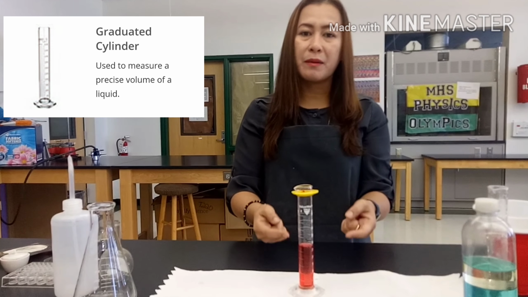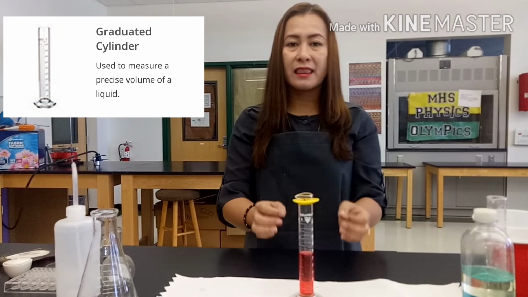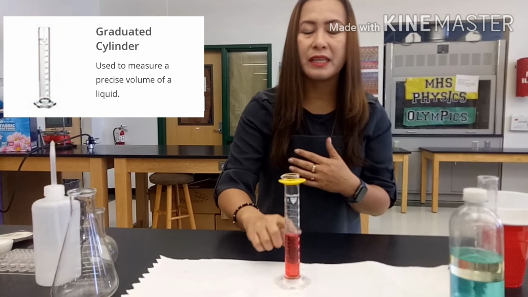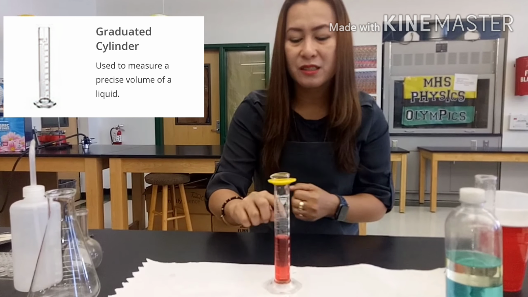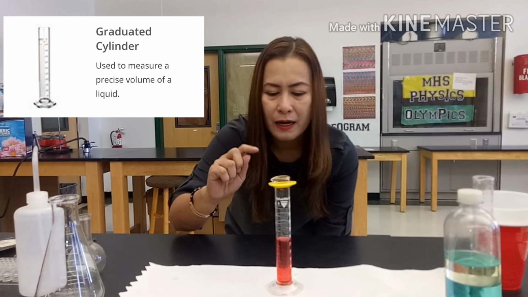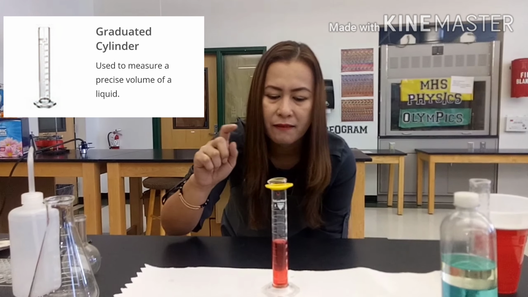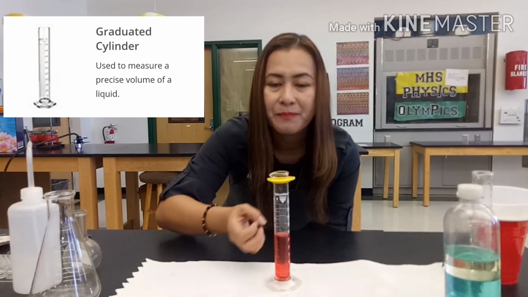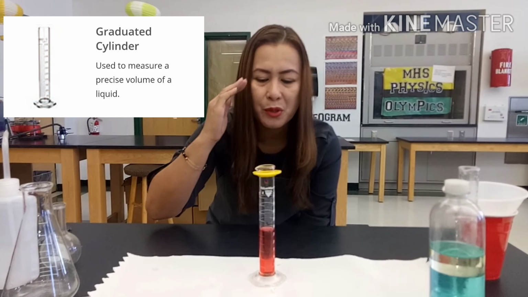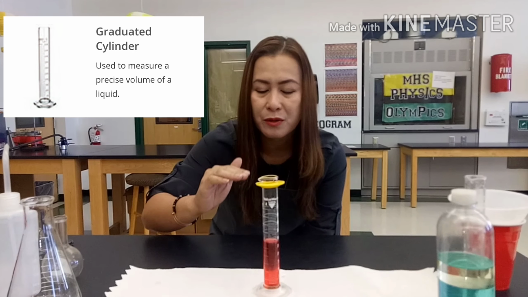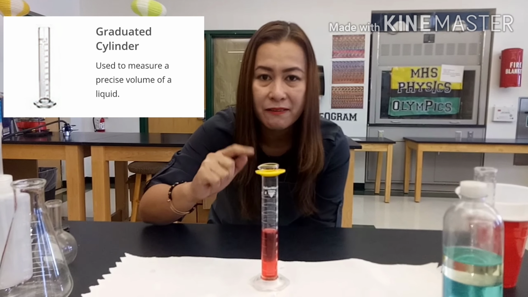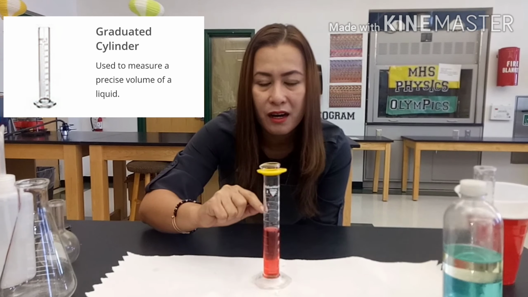How are we going to precisely get the volume of your liquid? First, we identify where your meniscus is. Your meniscus is the lower curve of the surface of your liquid. That's the lower meniscus. To get the precise volume, locate first where the lower meniscus is on your liquid.